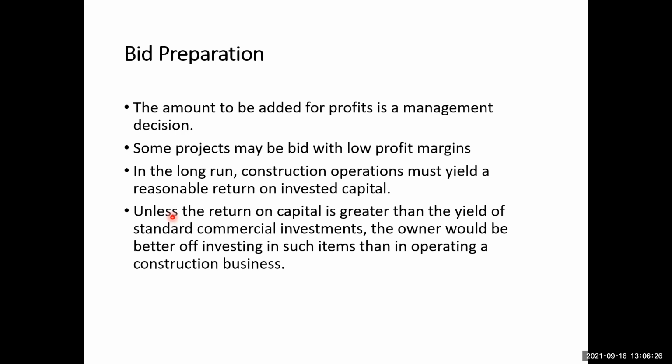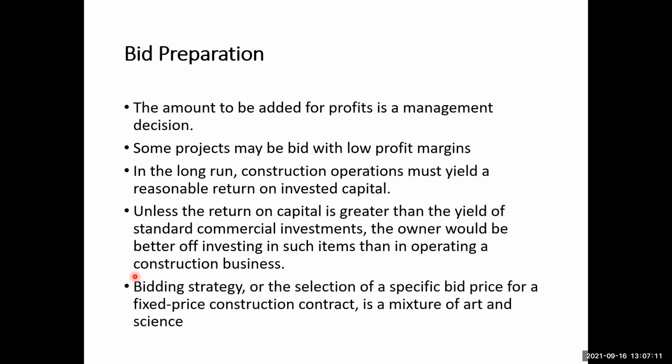Although it may be risky to invest, considering all those risks, if you are confident that you can get enough profit in the long run, more than your usual no-risk investment, more than your opportunity cost, only then should you invest in the construction business. So these lines point towards a very important principle of opportunity cost in economics.